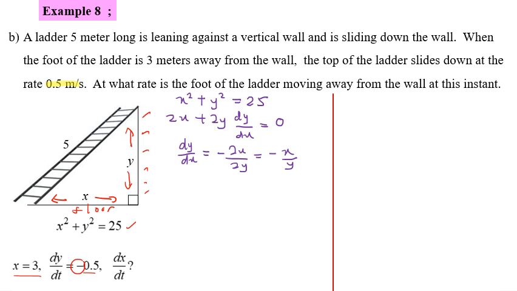Then we can rearrange to make dy/dx the subject. After we simplify, we get negative x over y. Right, this is what I said before. Because it slides down, the rate is negative.